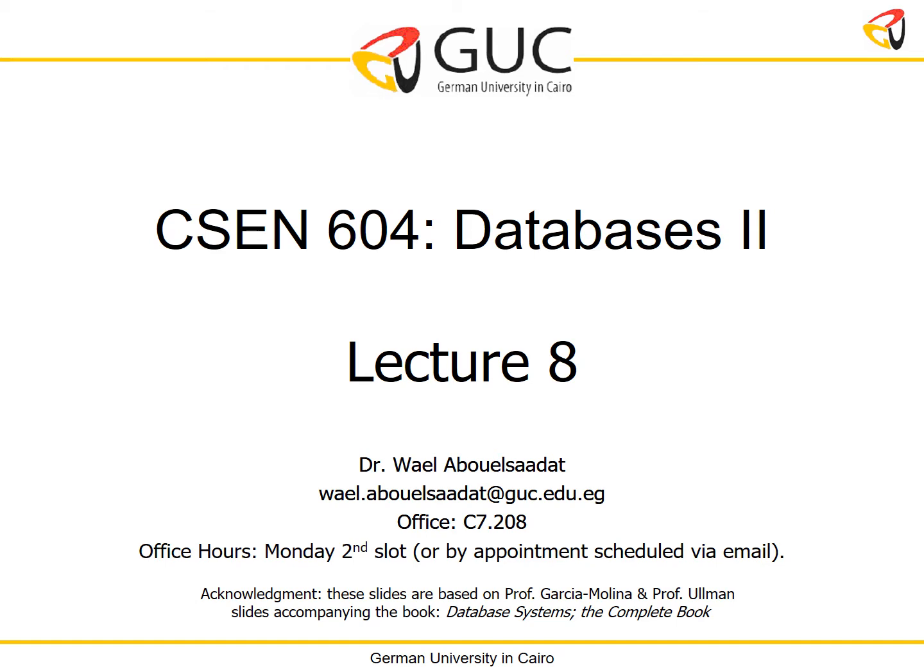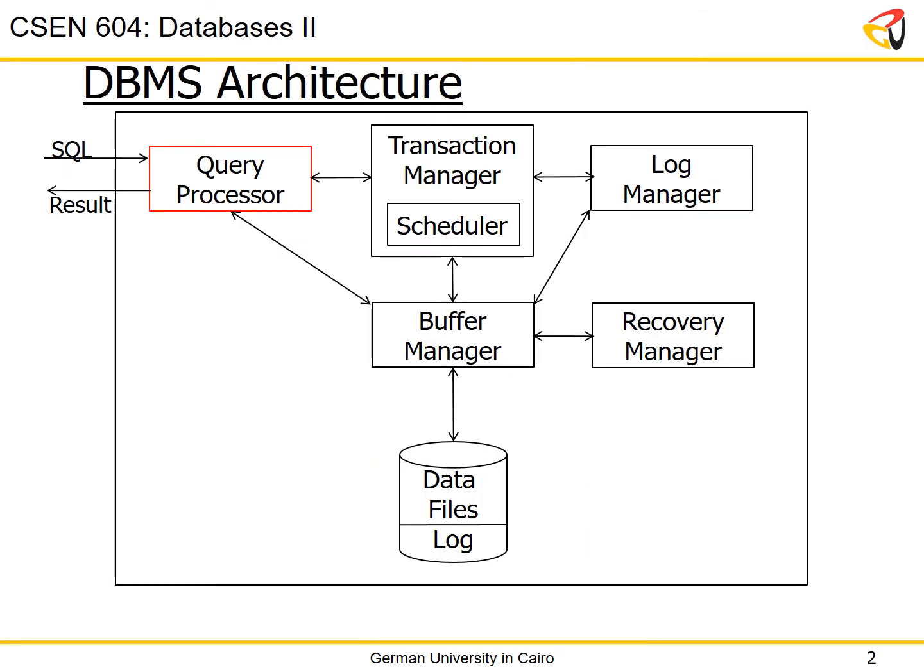And let's start. Well, we're still at the query processor. We looked in the last lecture at the logical plan builder. We talked about how the logical plan is built, the two techniques for query optimization, using heuristics and cost-based optimization.